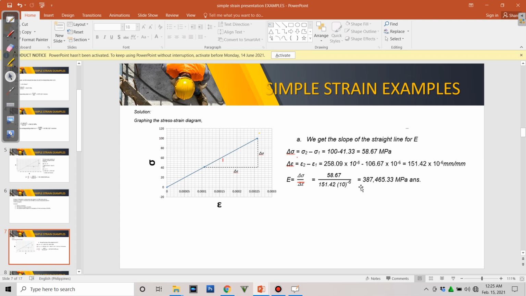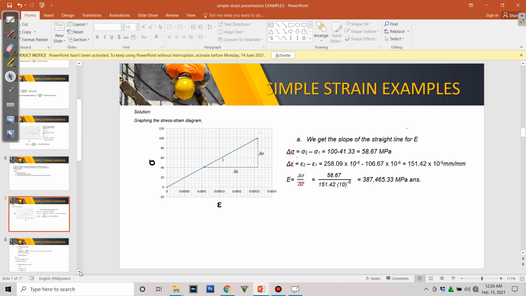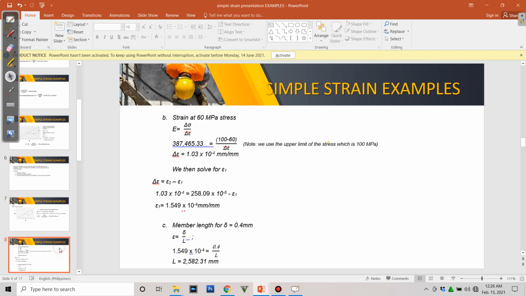It yielded 387,465.33 megapascal. The graph portrays a straight line, and therefore these values are within the elastic limit, or the proportional limit. That is the first unknown.